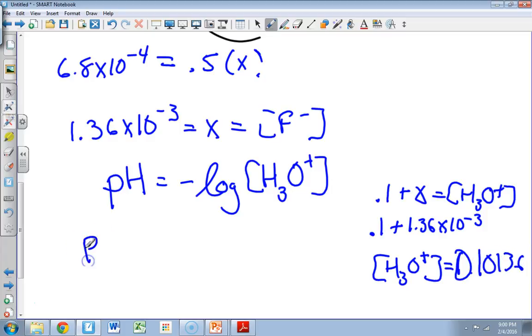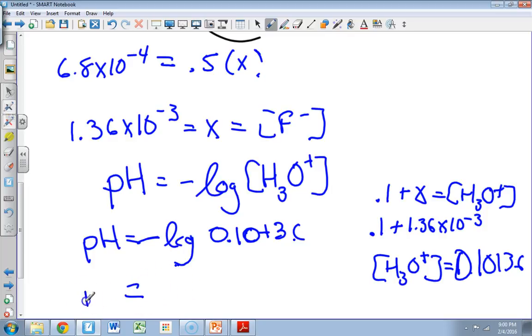Okay, so that means the pH equals the negative log of 0.10136. So what's the negative log of 0.10136? And that equals, the pH equals 0.99 pH units.